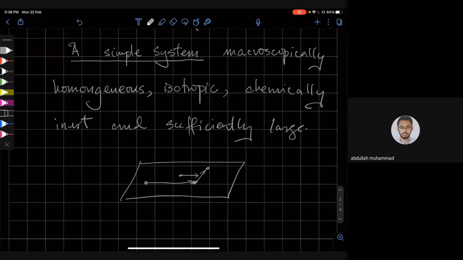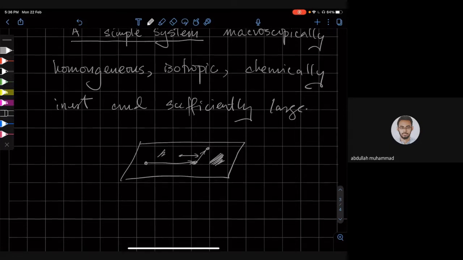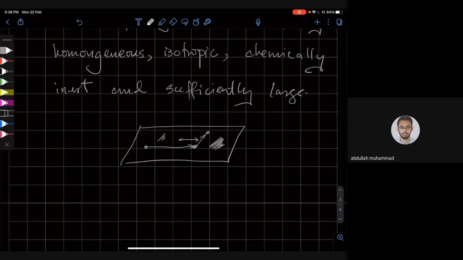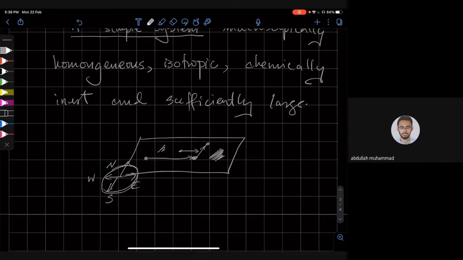So for example, this part doesn't have more density than this part. Isotropic means that it looks the same in all directions. So it doesn't matter if you're looking at north or south or east or west, the properties of the system are the same. Chemically inert means that there is no chemical reaction going on, and it's sufficiently large.